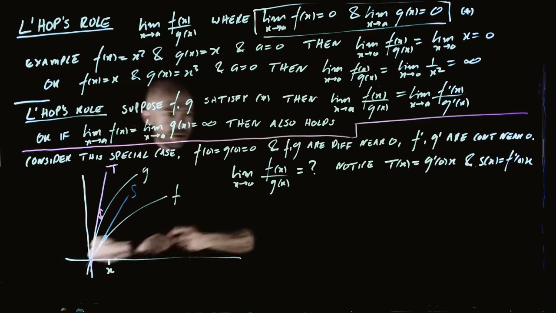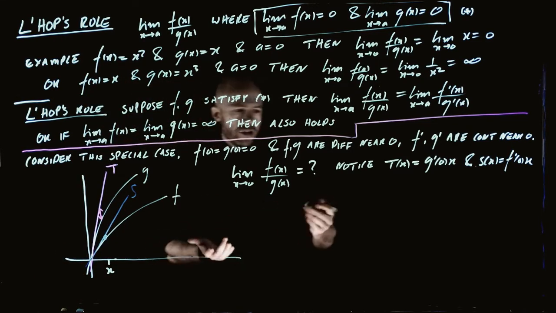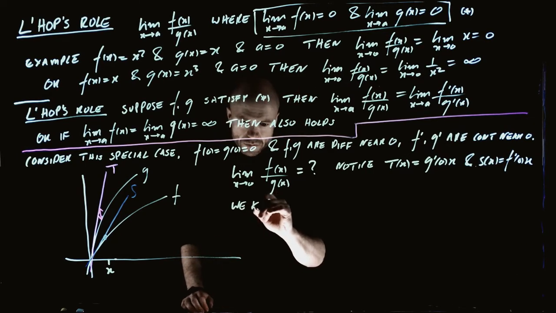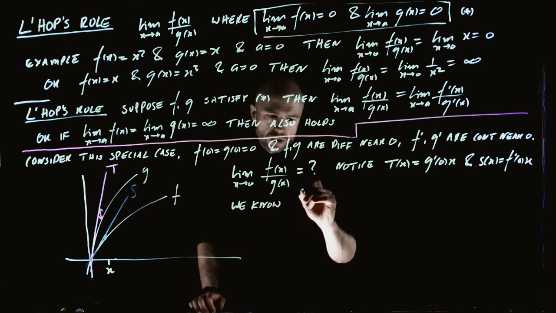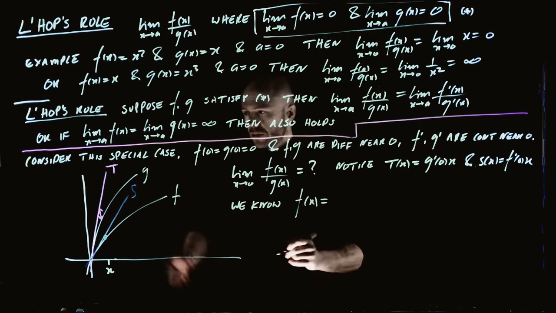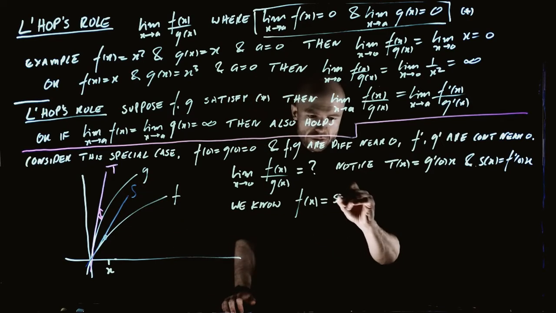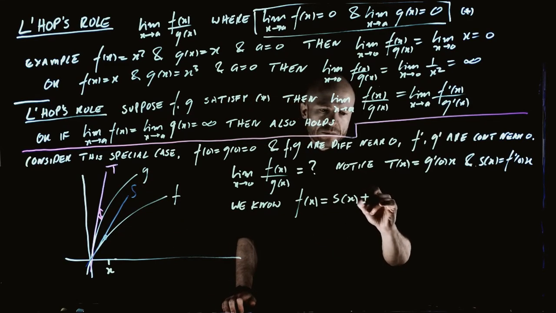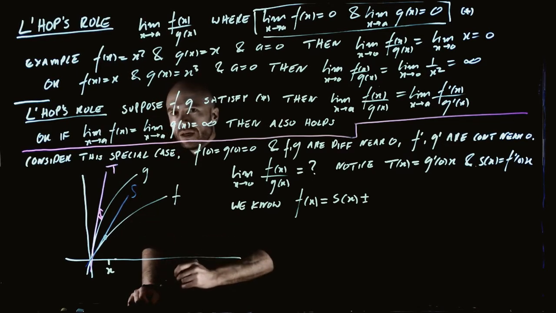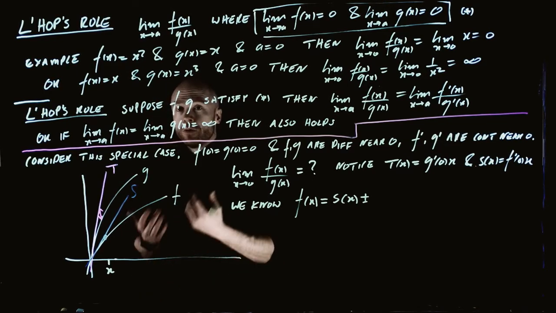And in those lectures, when I talked about that, I used the following notation. So we know that f of x is like its tangent line, which is s of x, and then some very small error, which is this quantity right here, right? And it is way, way smaller than x, and that's the important thing about it.